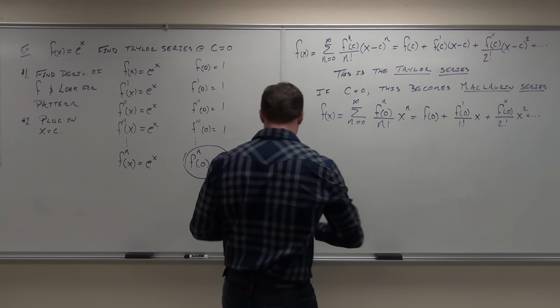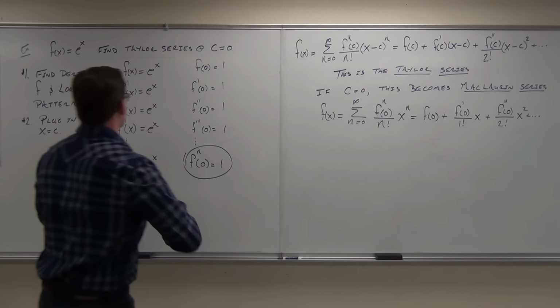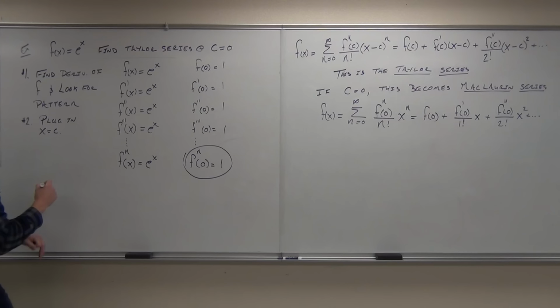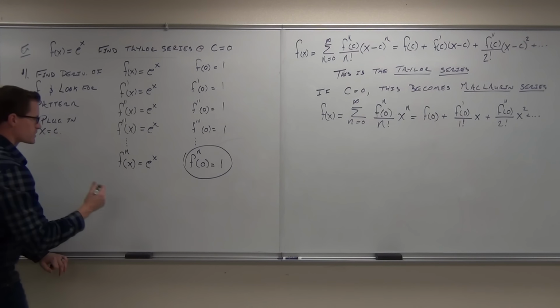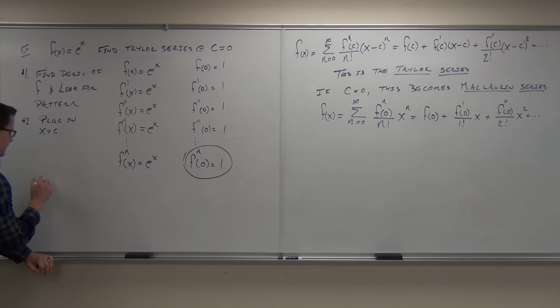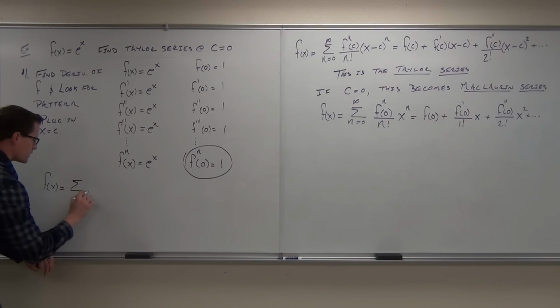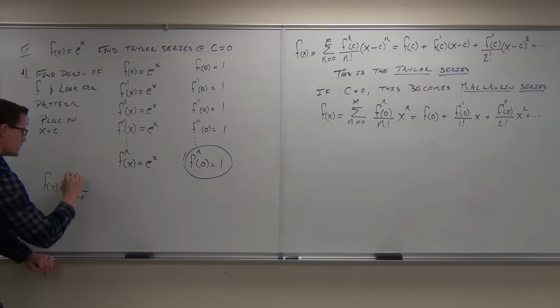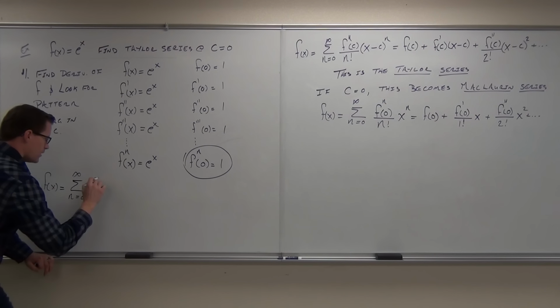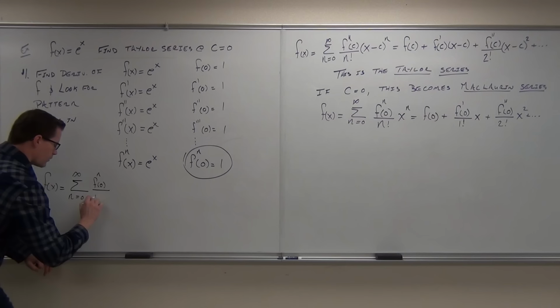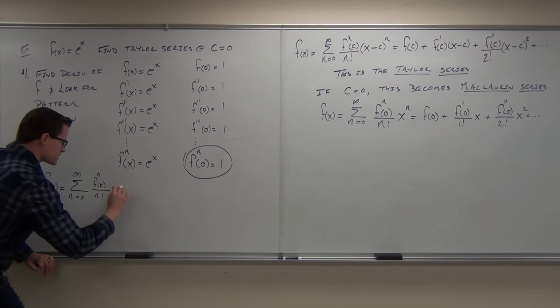Just plug it in. So if we want to find a Taylor series at c equals 0, that's a Maclaurin series. Then what we know is that our function is going to equal a series that looks like this. It's going to be the nth derivative of f at 0 over n factorial times x minus c to the n.